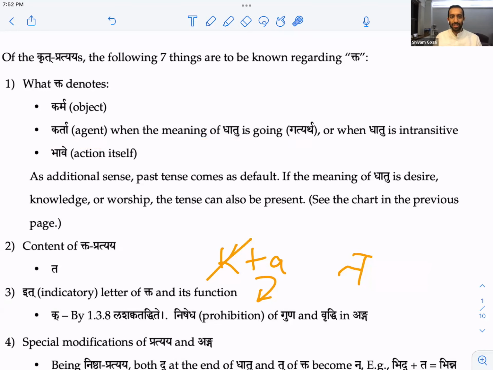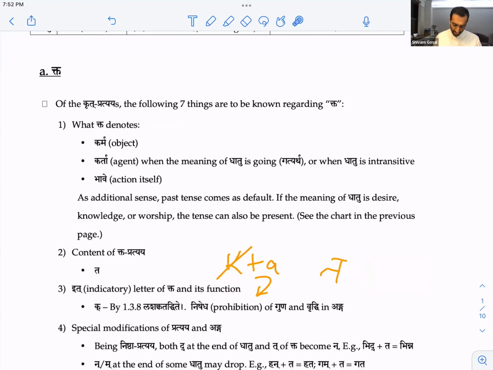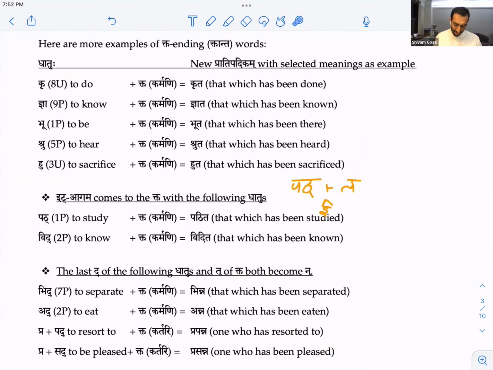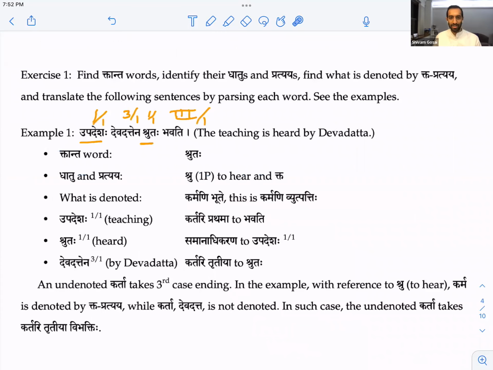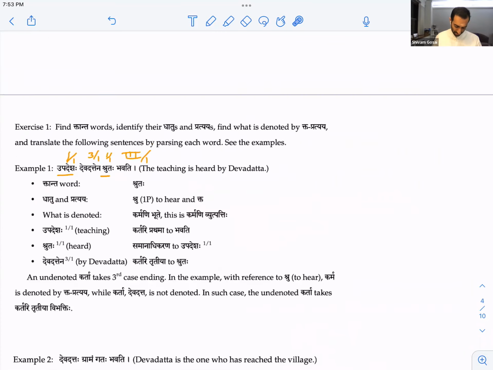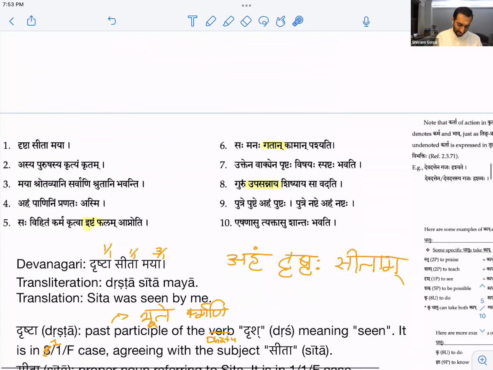This drishta can't be kartari. So I can't do that sentence like that. It will only go with the object. So we can't do the sentence with drishta. We would have to use a verb, for example. So this is not correct, right?